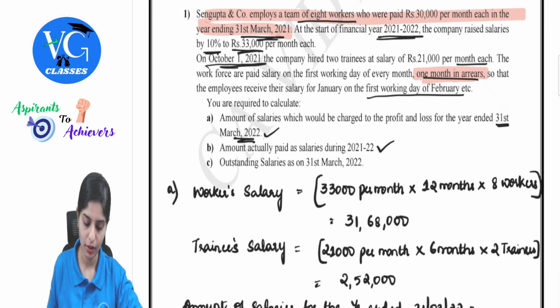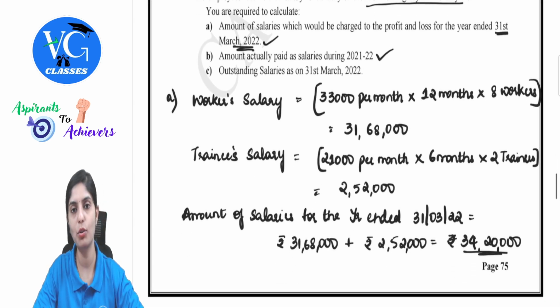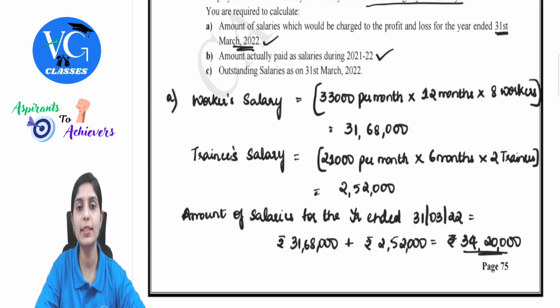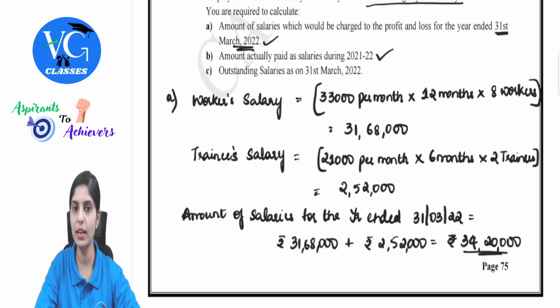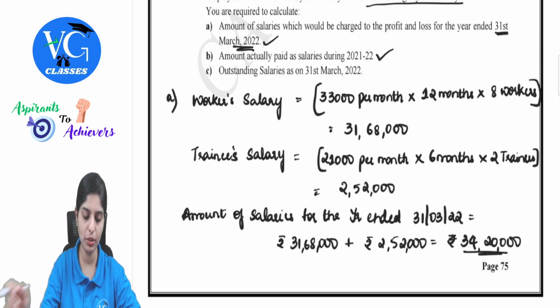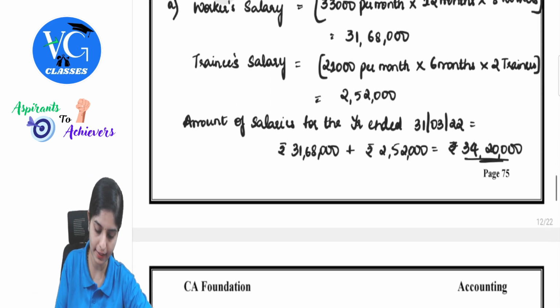Now, if you consider for workers, they would have been paid only for 11 months, yes or no? Because for the month of March, the salary would have been received only on 1st April. That falls in the next financial year. So, therefore, workers would have received just salary for 11 months. And for trainees, not for 6 months, only for 5 months. So, this will be the amount actually paid as salaries.